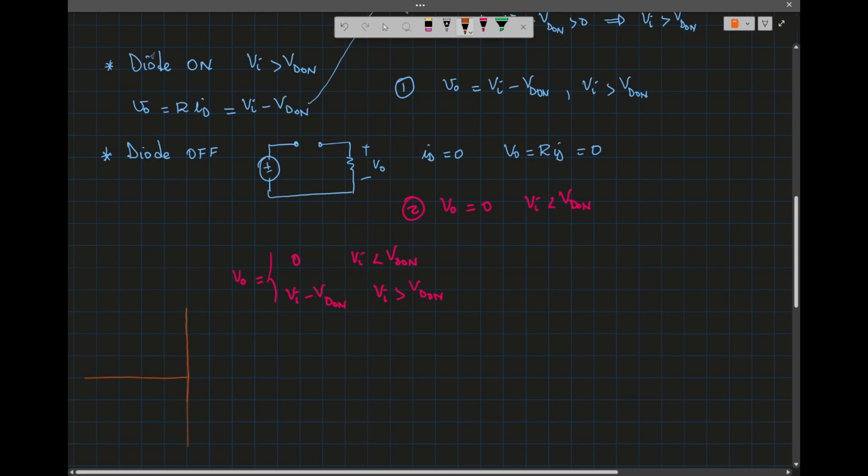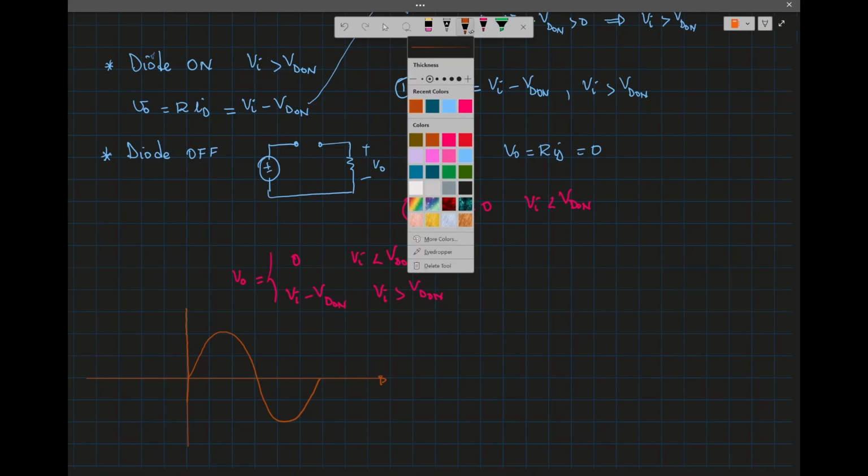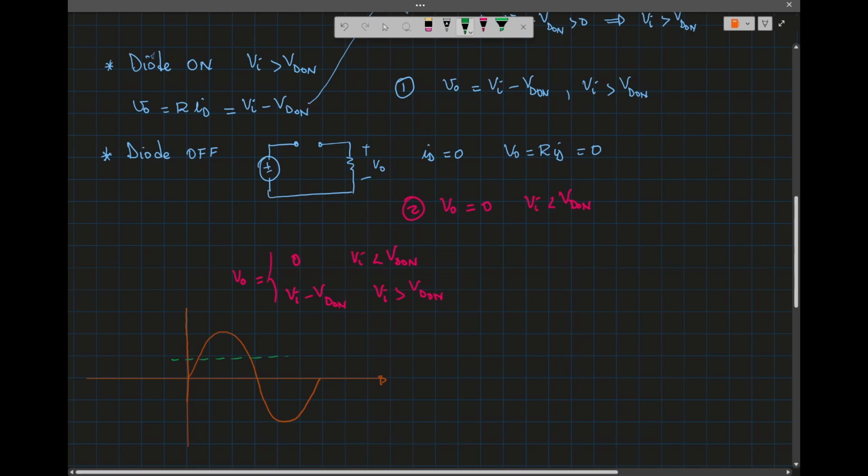So let's say the input voltage is given by this. So let's put VI on this graph. So let's say this is VI.